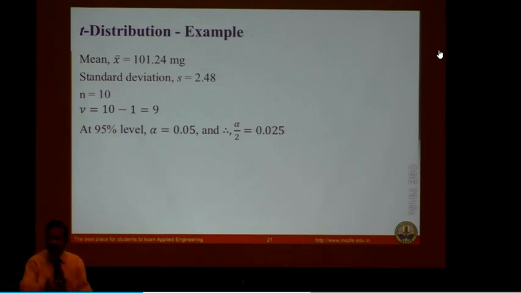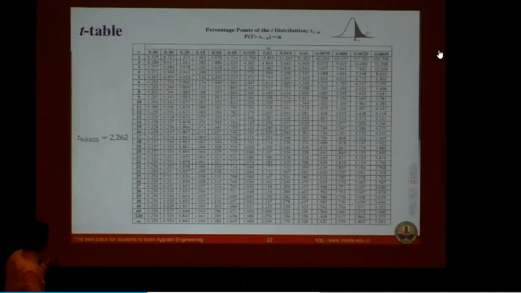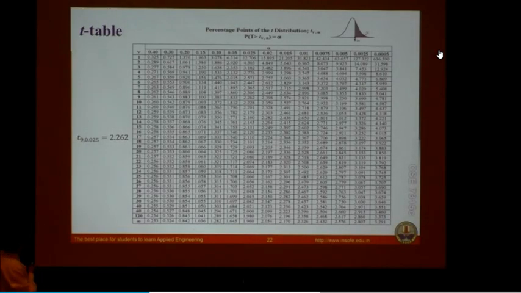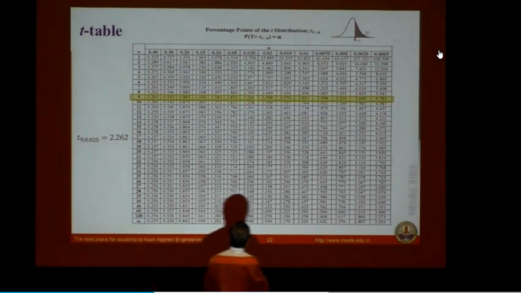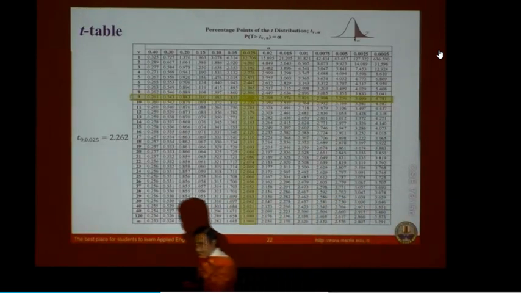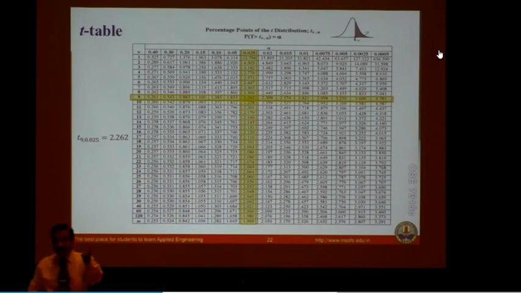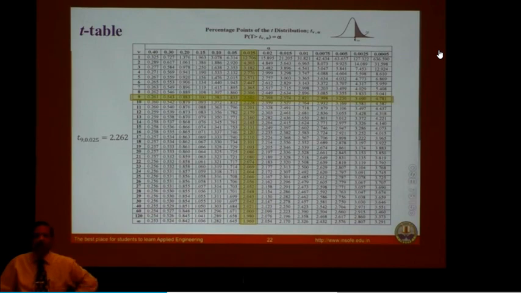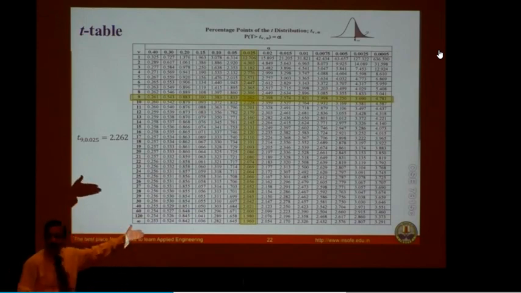Nothing else is available in the table. Degrees of freedom, alpha value, and then it gives me the t value. So degrees of freedom 9, alpha value alpha by 2. We are interested in half of it, 0.025. 2.262. That's the t value that I have to use. If it had been a z distribution, what value would I have used? 1.96. For a 95% confidence interval, it was 1.96. It is not 1.96, it is 2.26.